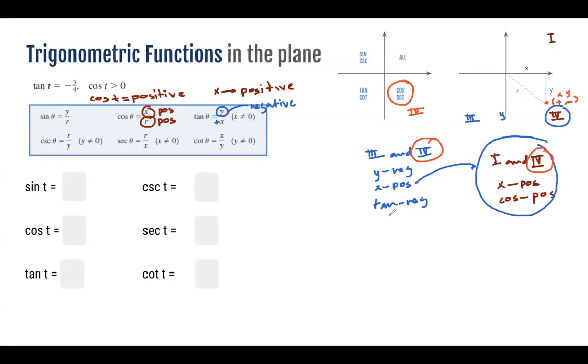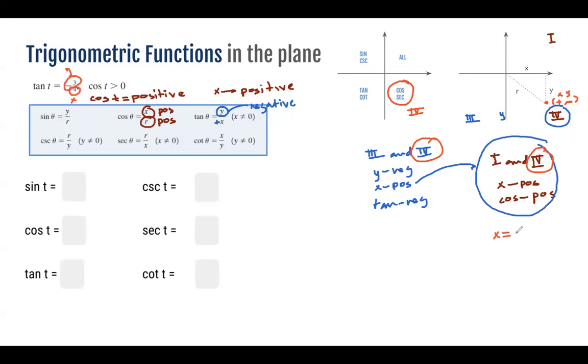So with that in mind, let's find what we know. In this case, if x is positive, x will be equal to 4, this is our x, and the -3 will be our y.